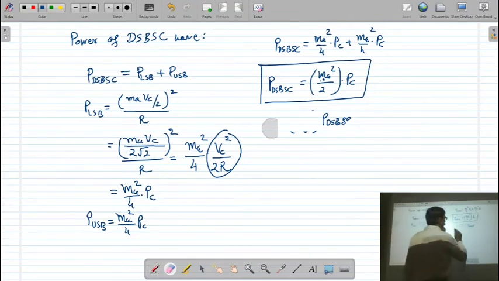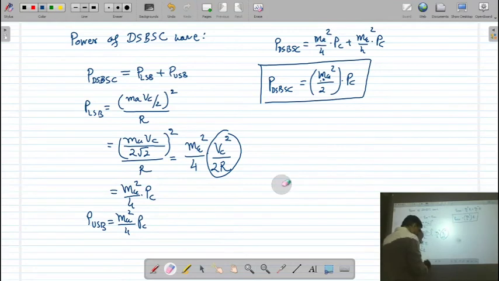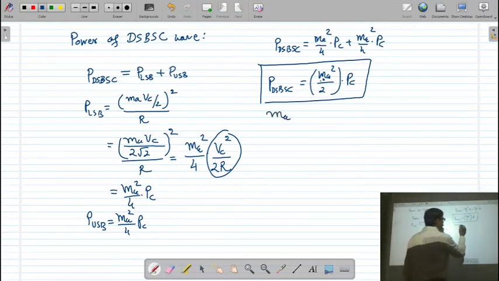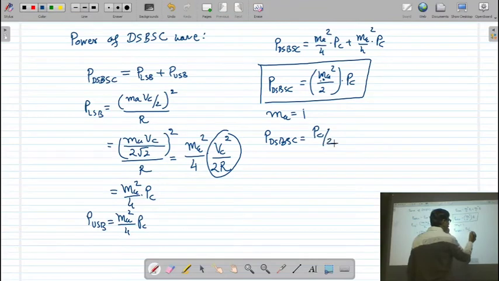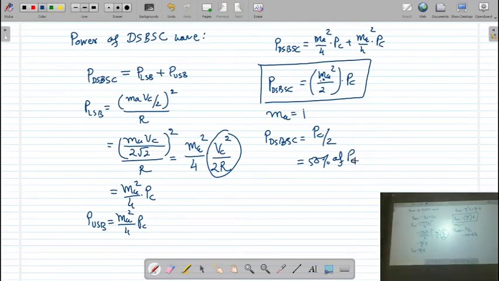Here we will see, if I calculate this power for a 100% modulation index, then PDSBSC comes out to be Pc by 2, or you can say 50% of Pc. So 50% of the unmodulated carrier power is with the DSB-SC. Remember.